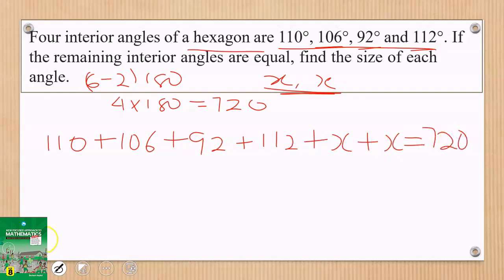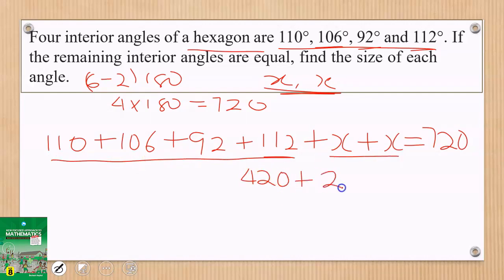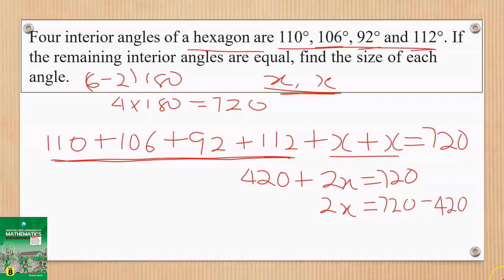Right. So that means when we sum all these angles plus the 2 remaining angles, which are equal, all should give us 720. So we can do 110 plus 106 plus 92 plus 112 plus x plus another x, all should give us 720. So if I sum all this together, it is 420 plus 2x equals 720. Now take your time and do the addition yourself and see if you get the same answer. Now in grouping like terms, we can have 720 minus 420.